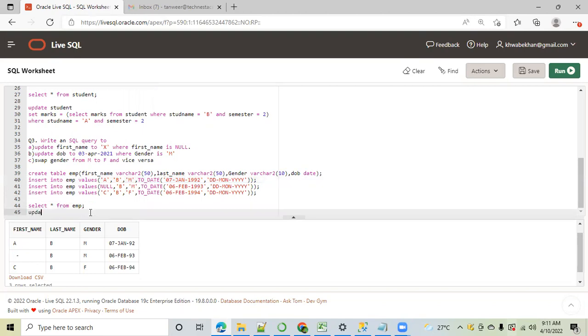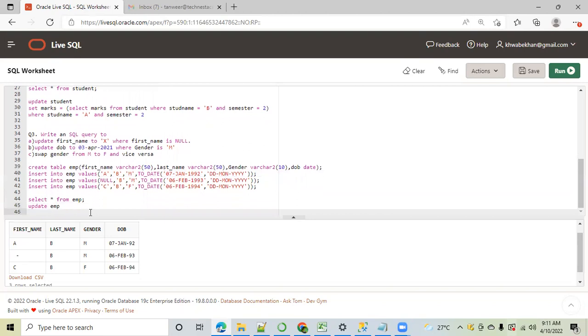Come on. Update employee, then set first name is equal to what value you want? X, right? Where do you want this?